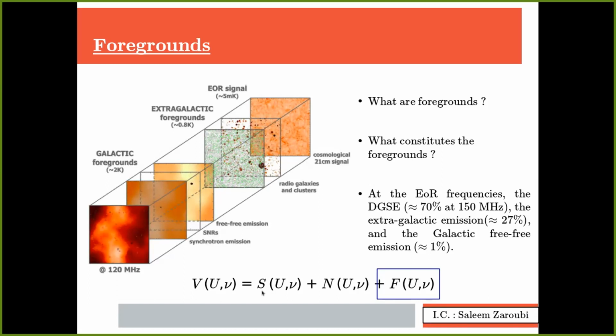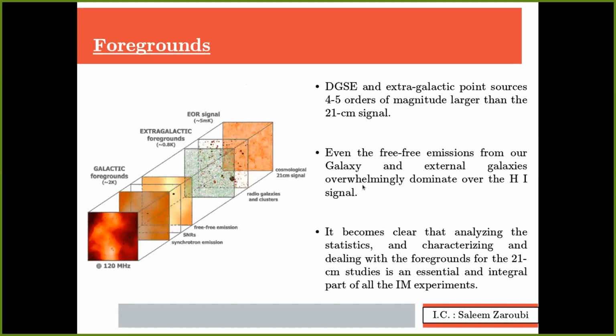So the visibility now has the signal part, the noise part, and in addition to that, the foreground part, which is found to be 4 to 5 orders of magnitude larger than the 21 centimeter signal that we are trying to observe. These foregrounds are so much higher in magnitude that even the weaker parts of the foreground, such as the free-free emissions from our own galaxy and the external galaxies, completely dominate over the HI signal that we are trying to detect.